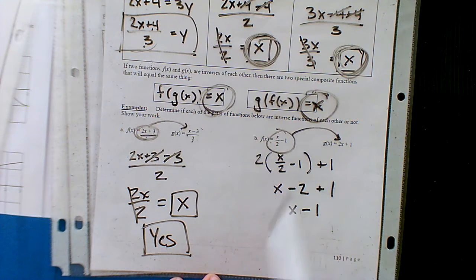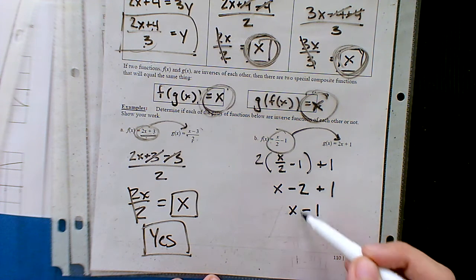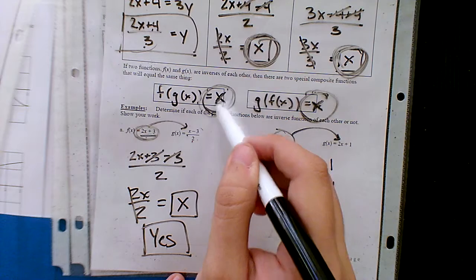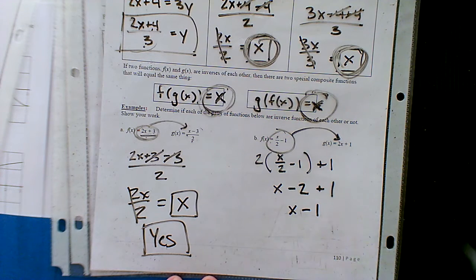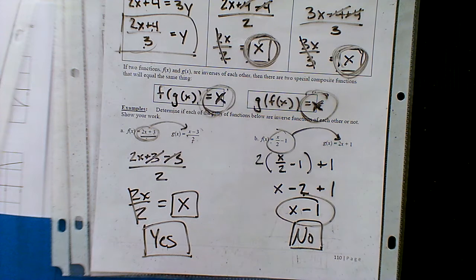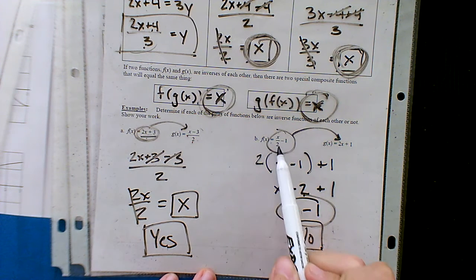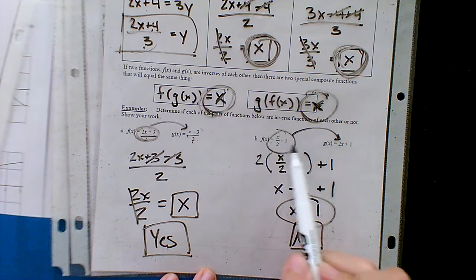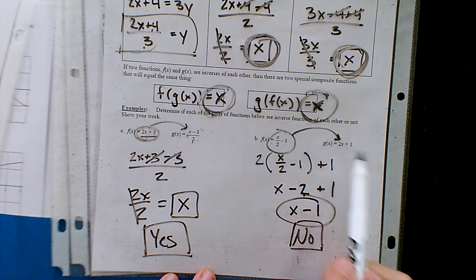Are these inverses of each other? No, they didn't cancel each other out completely, because notice how we still have a number there. Remember, the property tells us that we just have an x. All the numbers go away. So based off that result, these equations are actually not inverses, even though it kind of looks like they should be. We had the division of 2, multiplication of 2, subtraction 1, addition 1.